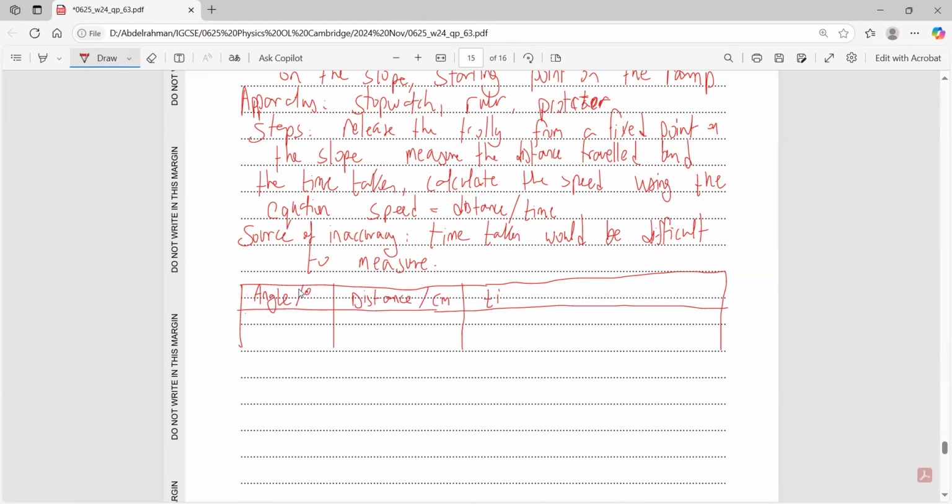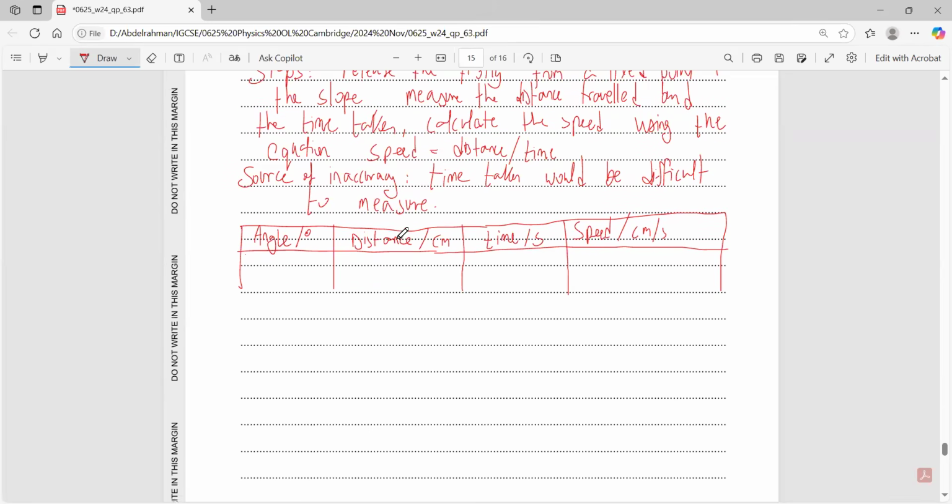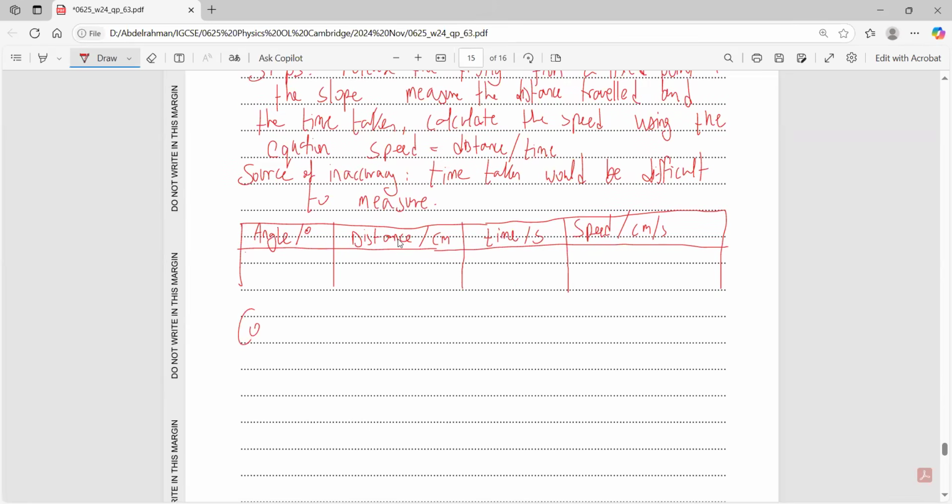The time taken in seconds, and the speed in centimeters per second. It's okay to write down the speed in centimeters per second. It doesn't have to be in meters per second. What about the conclusion?